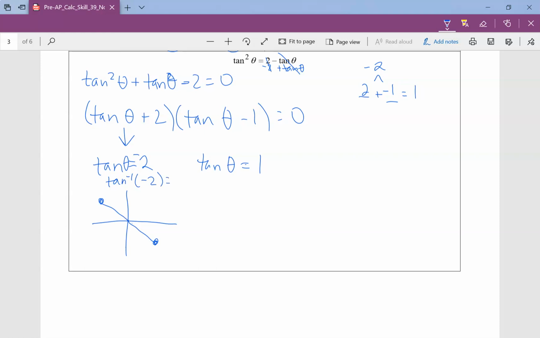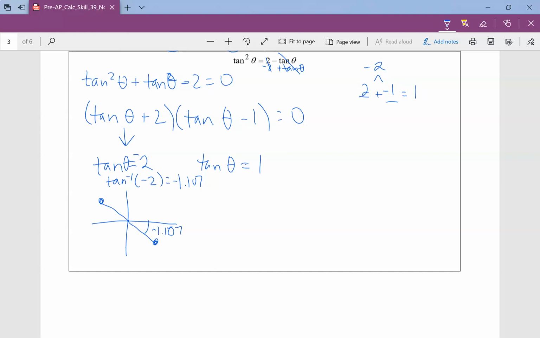So if we use our calculator, I got to grab mine here real quick. So remember, be in radian mode when you're doing this because we're talking about radians. So inverse tangent of -2. Calculator gives me -1.107. So that's going to be this gap here.